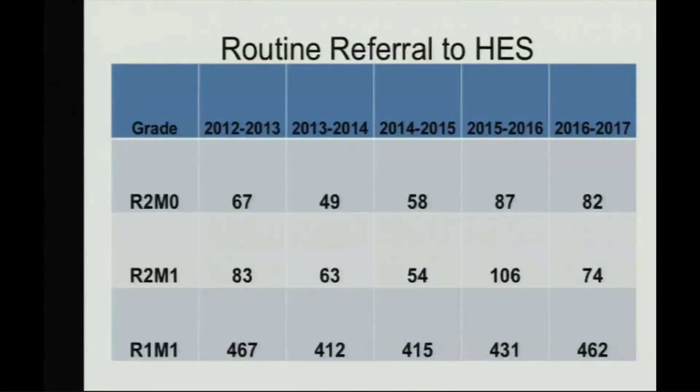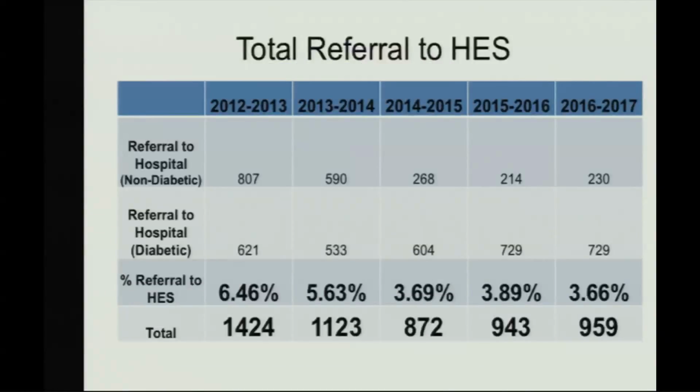Again, the breakdown of routine referrals to the hospital eye service. The total referral to the hospital eye service in 12-13 was 807 non-diabetic and 621 diabetic, a total of 1424, which was 6.46%, compared to 16-17, 213 non-diabetic patients and 729 diabetic, which is 3.66%.